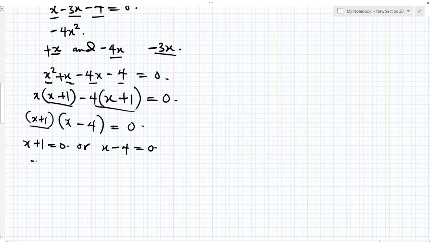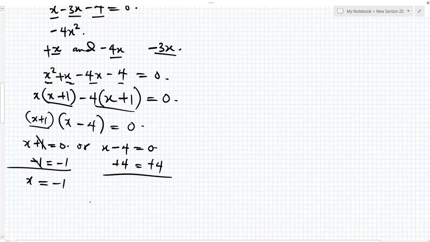Now if you add minus 1 to both sides here, and if you add plus 4 to both sides here, this will cancel out things. Here you are left with x equal to minus 1, or here you are left with x equal to 4.